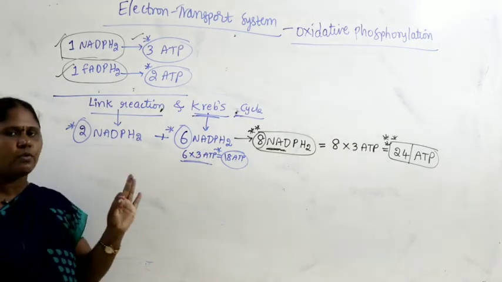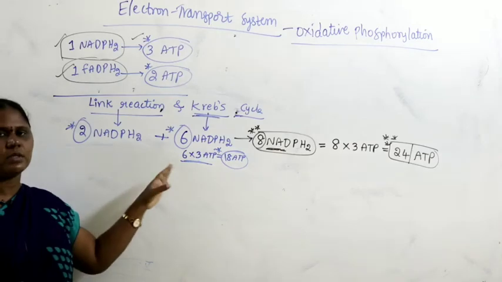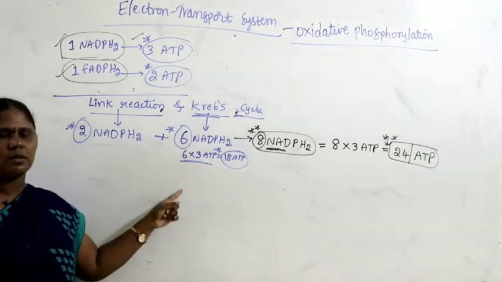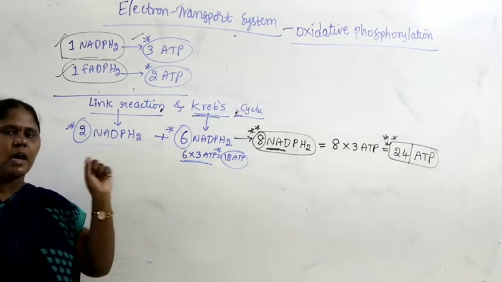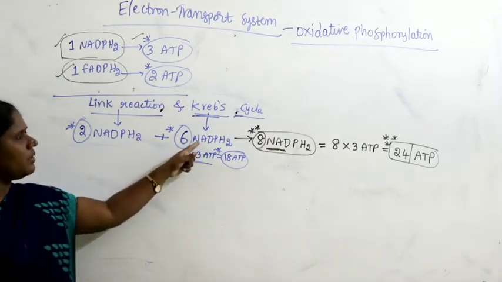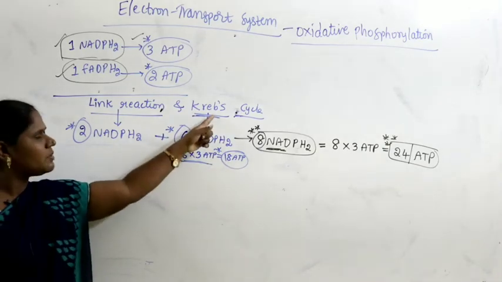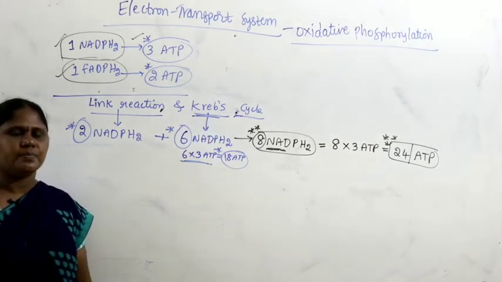If you understand the question properly, then you can answer it properly. So you need to look for the meaning of the question. Most of the time people get confused here, so make sure that you concentrate. If the question asks about the number of ATPs produced from NADPH2 in the Krebs cycle, it means 18 ATP.